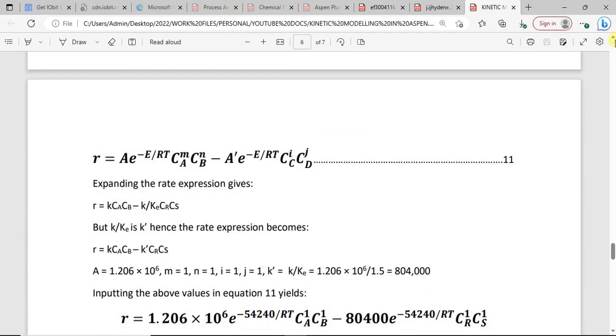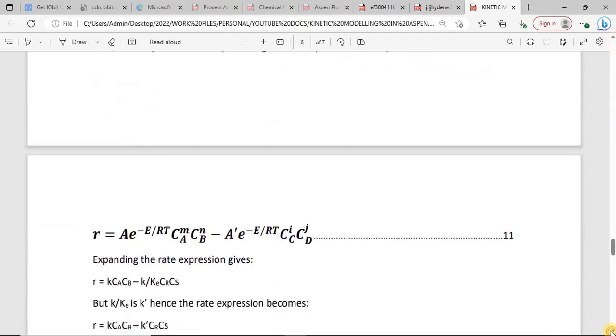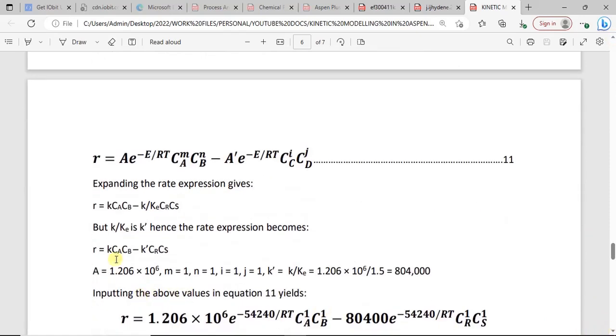The next thing is to compare the rate equation with equation 11. So this is equation 11. I just copied it and brought it down here.